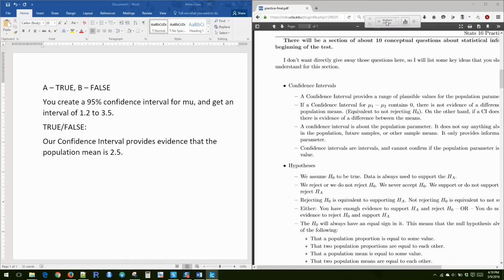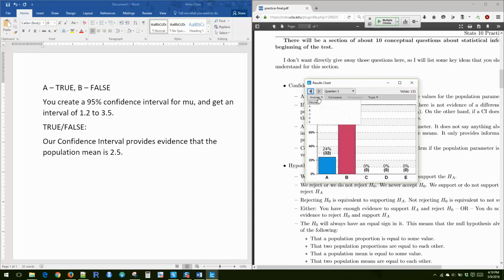Okay, and so our answer for this is false. Okay. So why is this false? Okay, so it is okay to say that 2.5 is a plausible value of the population mean.